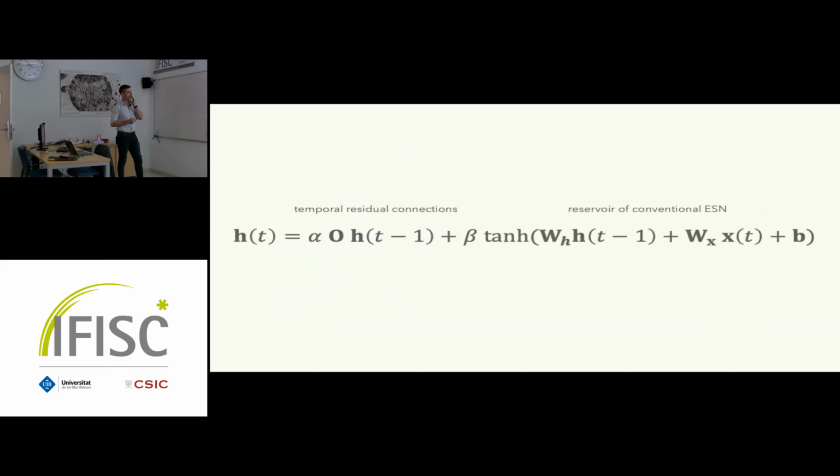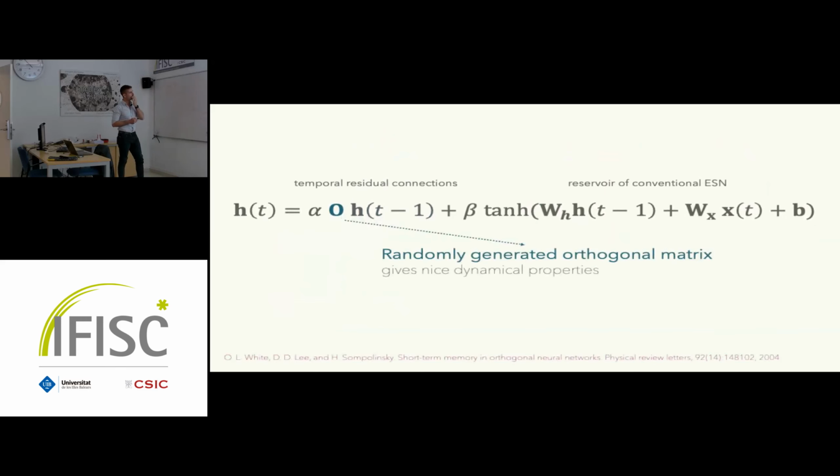So we have these two guys here. In particular, the temporal residual part here is modulated by an orthogonal matrix O that can be randomly generated, okay? So this part is a conventional reservoir multiplied by the coefficient beta. This part is the temporal skip connection part, which is modulated by a randomly generated orthogonal matrix. Random, but it can also be fixed, okay?